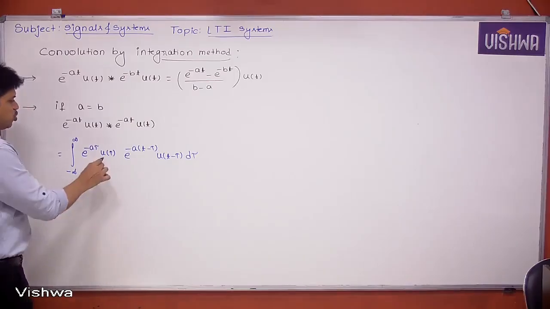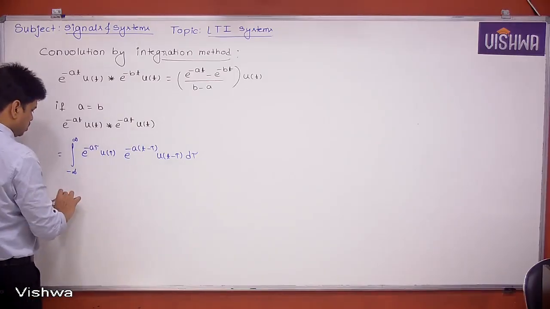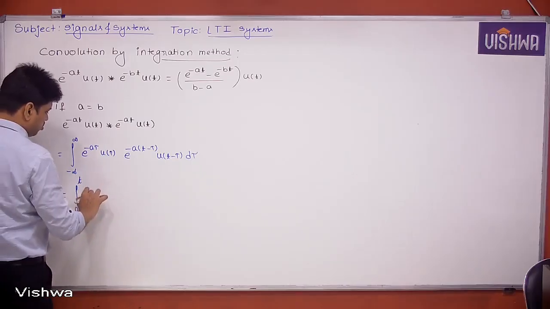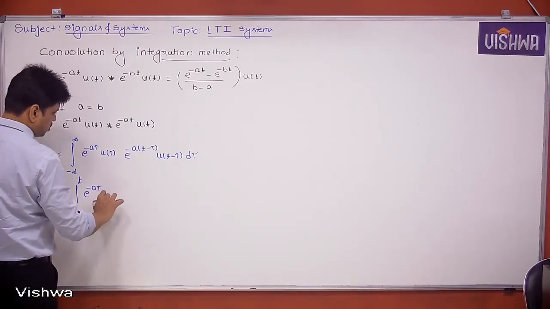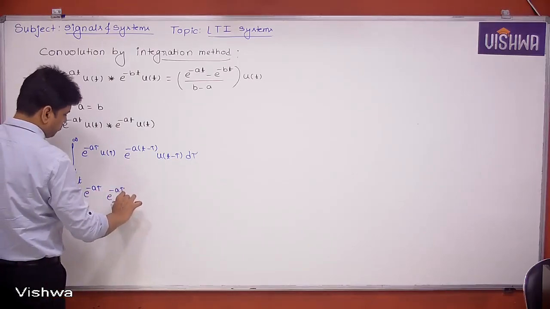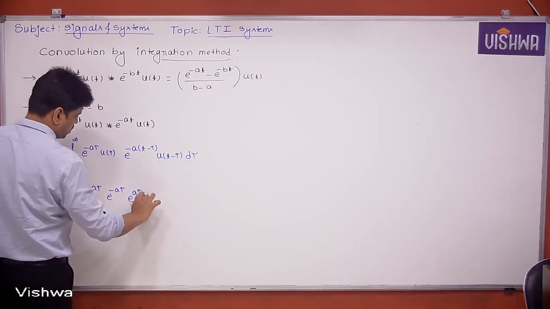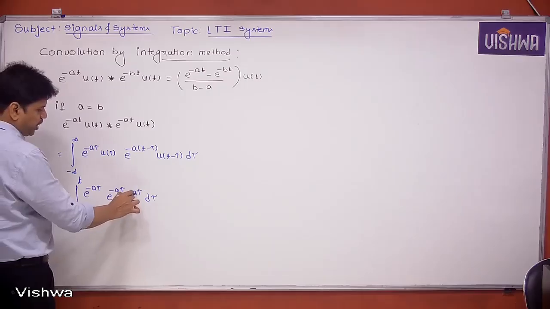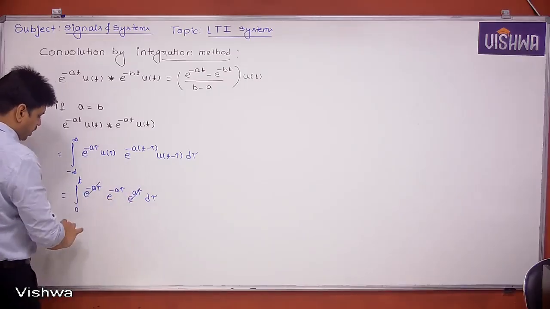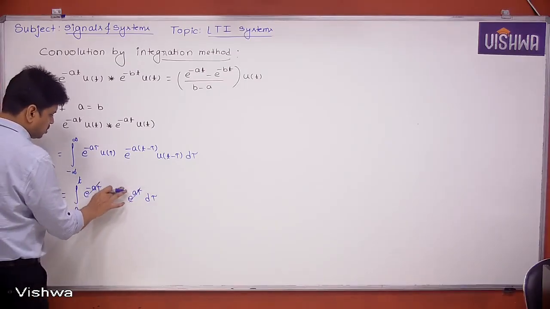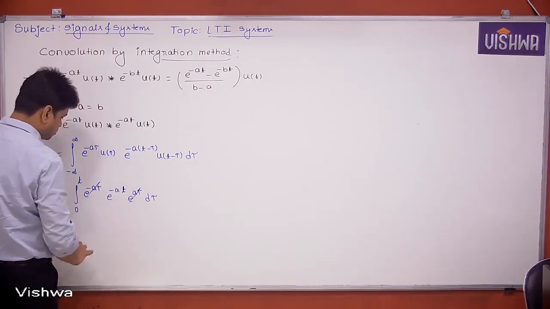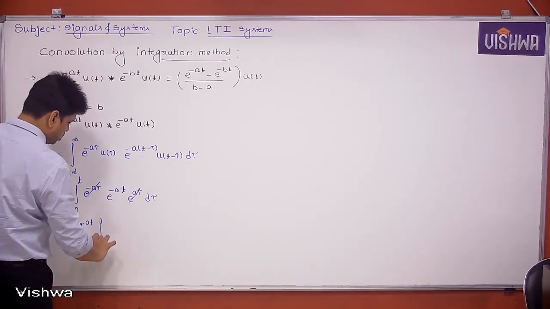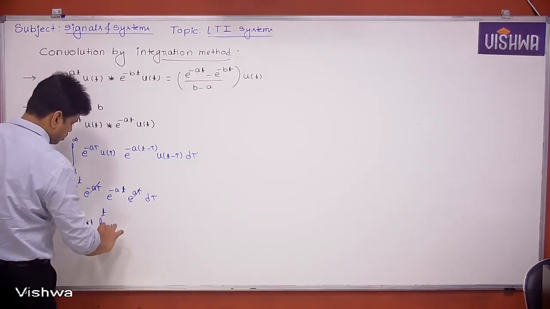So again, if I remove u of tau and u of t minus tau, I get the limits from 0 to t, e power minus a tau, e power minus at, e power a tau d tau. So here we have e power minus a tau and e power a tau, which cancel each other. Then e power minus at taken out common, 0 to t d tau.